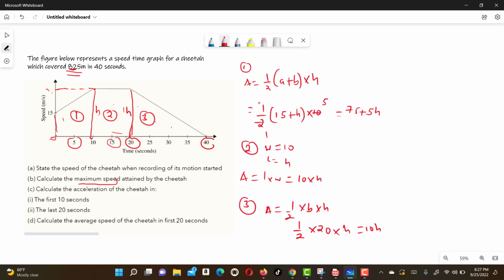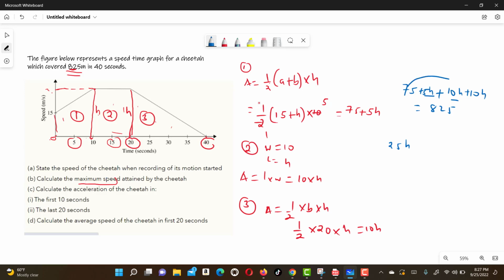So when we add them together, 75 plus 5h plus 10h plus 10h is equivalent to 825. Collecting the like terms, 5h plus 10h plus 10h is the same as 25h.